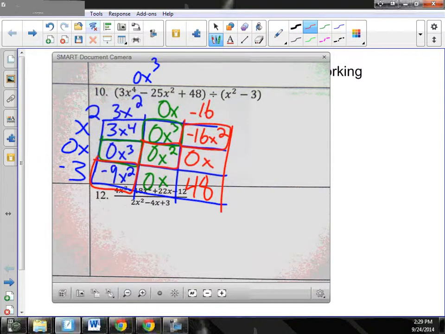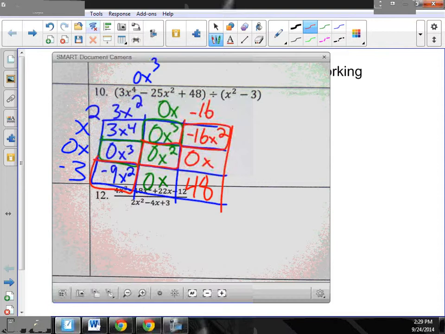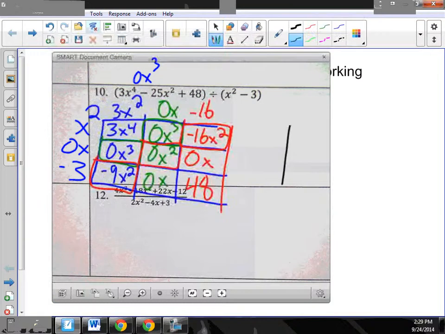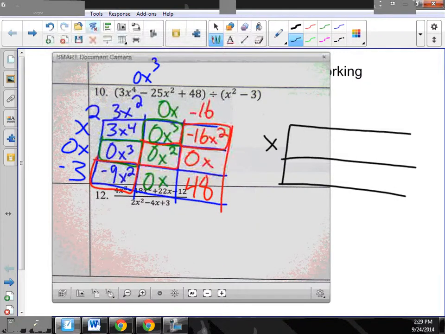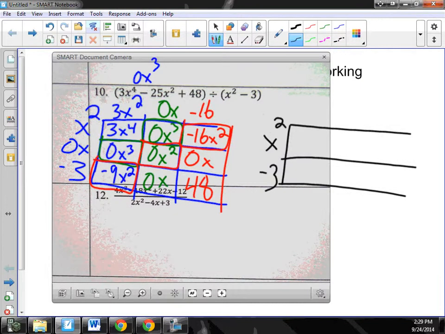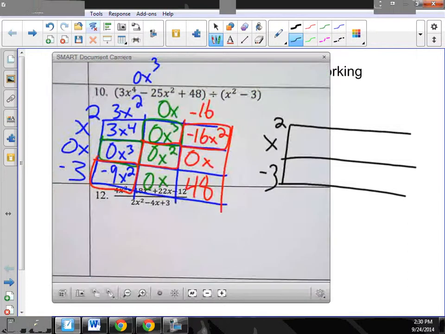Okay, so why did I bother writing down all those zeros? Well, technically, I could have just done 2 rows. X squared and negative 3. But that's going to create one big problem. The diagonals won't line up anymore.